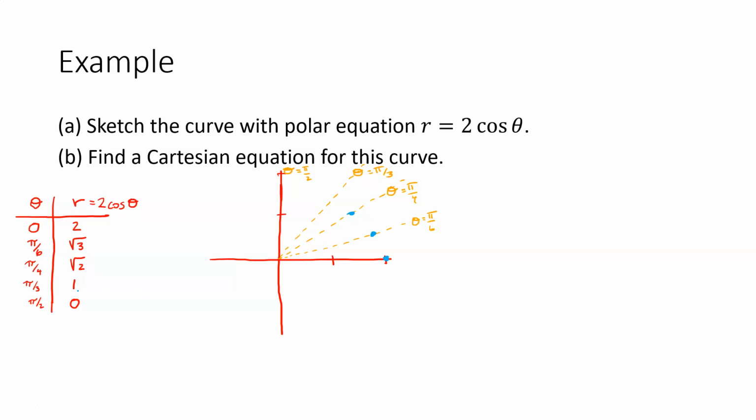And then pi over 3, it's a distance 1 down that line. And then pi over 2 is at 0. So as it revolves around those points in the first quadrant, it's going to form what appears to be a semicircle, right, as it sweeps through those points.